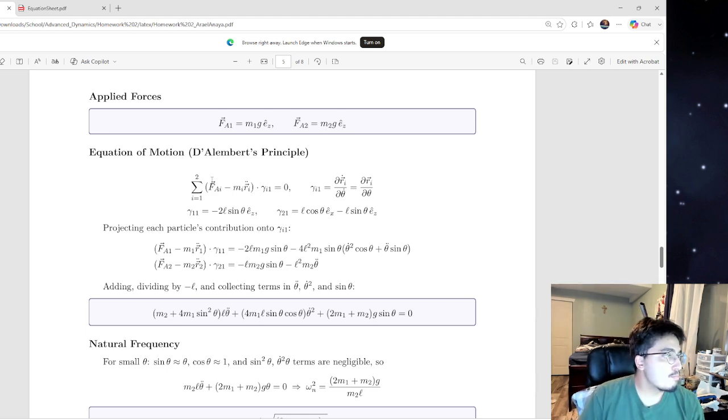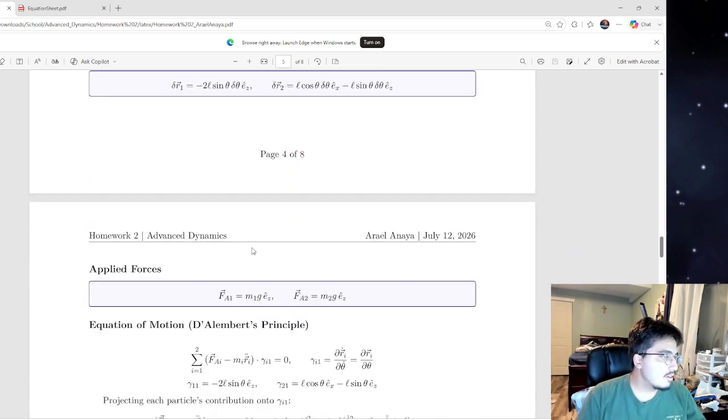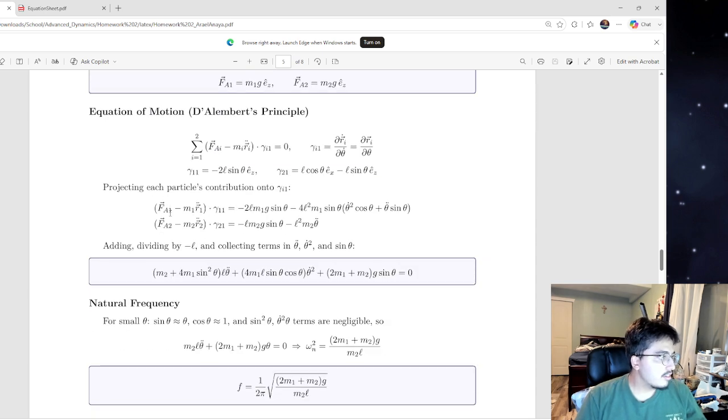Then this is a sum over our first particle and our second particle, in this case m1 and m2. So we end up with these two equations where we're doing the applied force minus this MA term, times the gamma. Then I worked that all out.